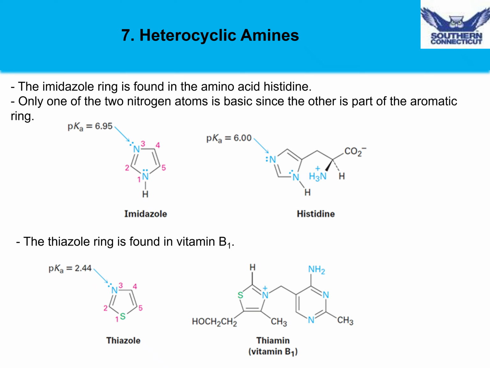Many other heterocyclic amines are found in important biological molecules. For example, imidazole is found in the amino acid histidine, while thiazole is found in vitamin B1. Imidazole contains 2 nitrogens. One of those nitrogens, at least its lone pair, is part of the aromatic ring of this molecule.